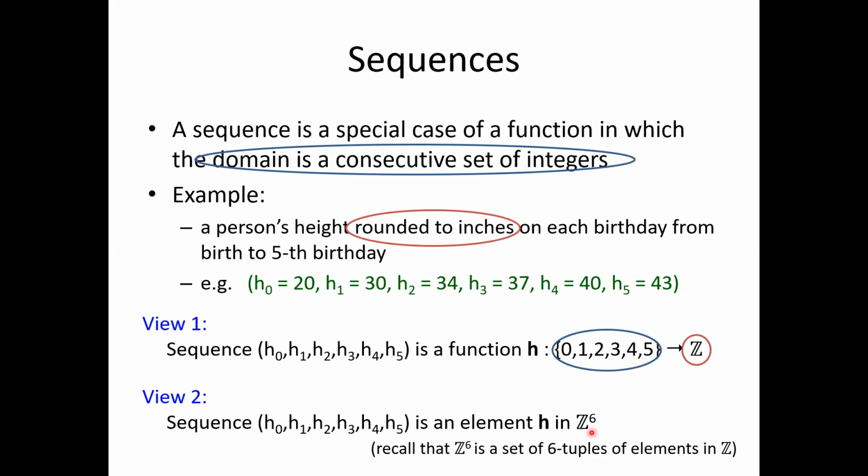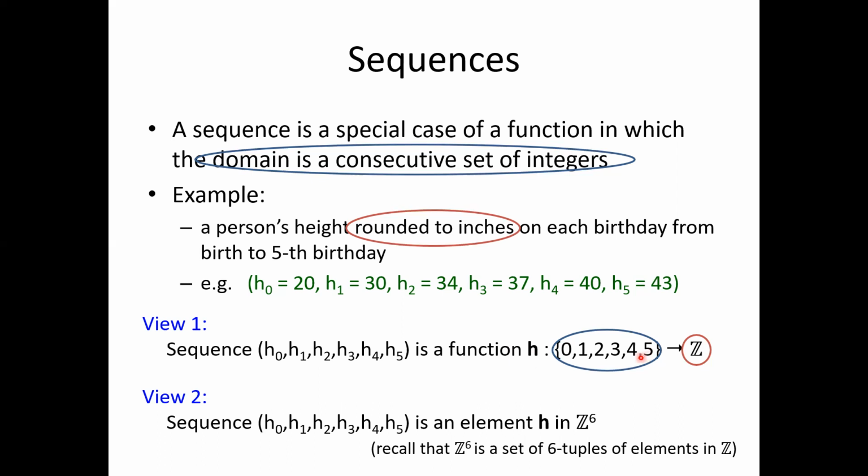From this view, the height sequence is a 6-tuple of integers, and these integers are the values of this function on these consecutive integers.